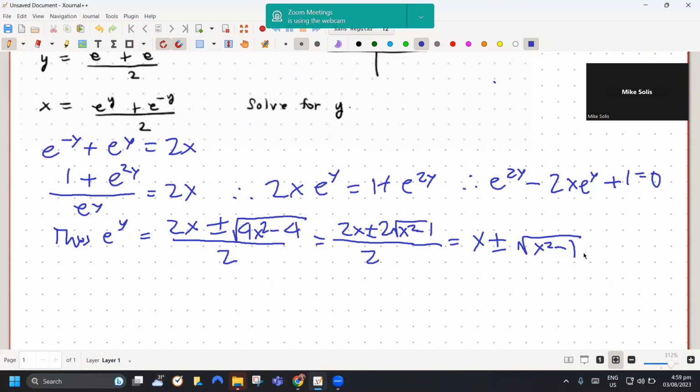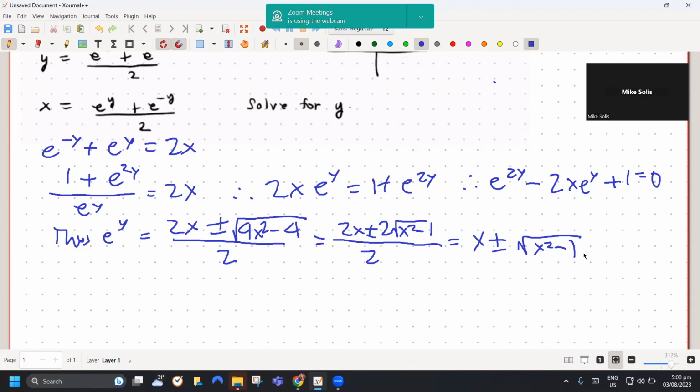Okay. So, para ma-check natin kung alin dyan, i-graph mo yung... So, ang y will be either ln of x plus... It's either... So, y equals ln of x plus or minus square root of x squared minus 1.